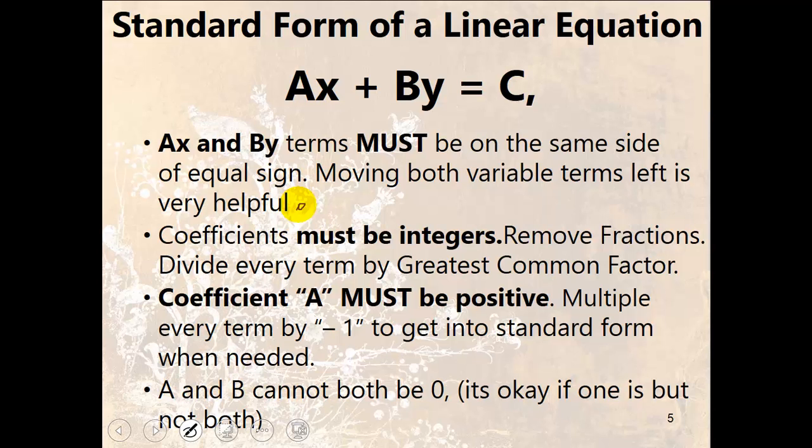You have to reduce them down to their lowest form. The coefficient a must be positive, so you may have to multiply everything through by a -1. And a and b cannot both be 0. One or the other can be 0. So you can have x equals 10 and that be a standard form, y equals 5 and that be a standard form, but you can't have just a number, okay?